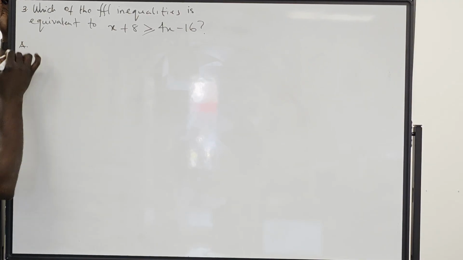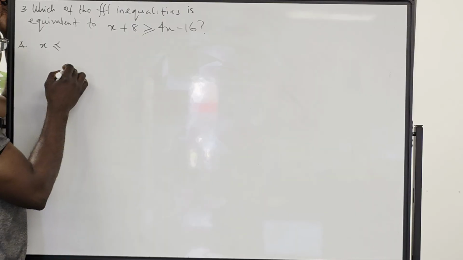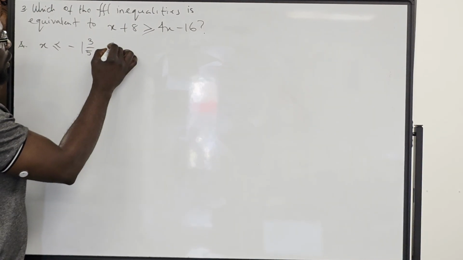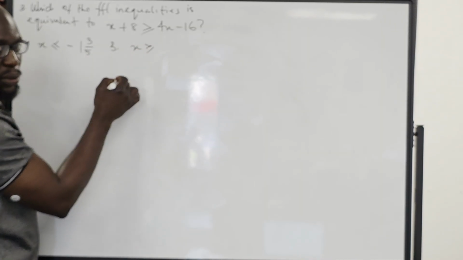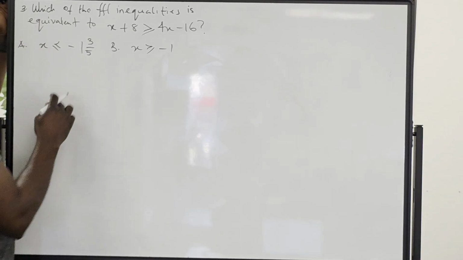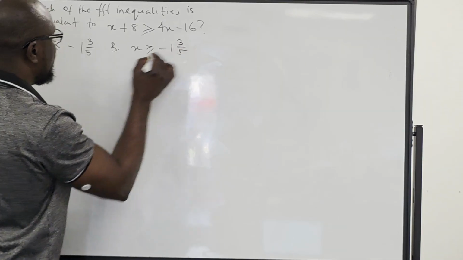Option A, they said, is x less than or equal to minus 1/3/5. Option B, x is greater than or equal to minus 1. So the first one is less, this one is greater than, minus 1/3/5.